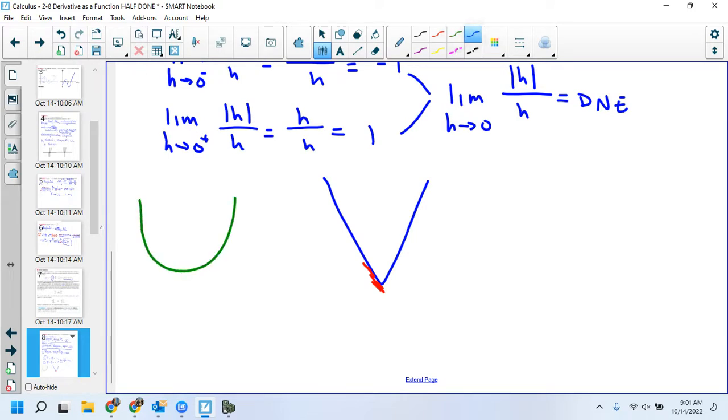So if I kept drawing the slopes, it would be here, here, less, more, right? But for an absolute value, it's going to go -1, -1, -1, -1, positive, positive, positive, positive, right? It's not rounding out at the bottom. It's coming to a nice, clean corner point. So if I tried to draw the slope of the tangent line on that corner point, I am not going to be able to.